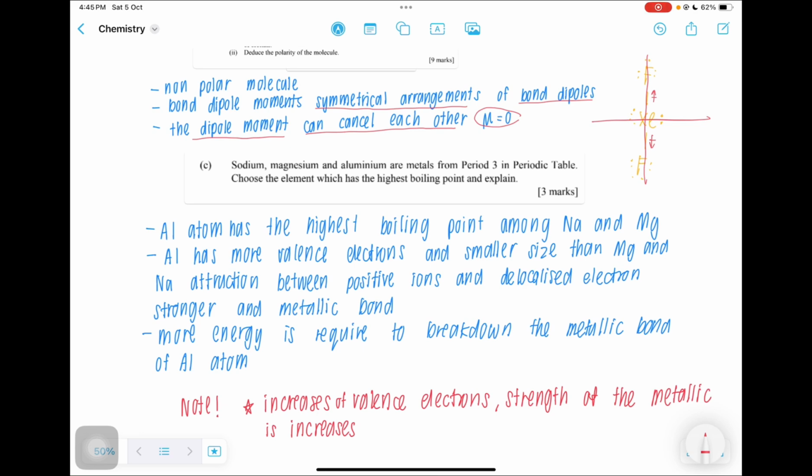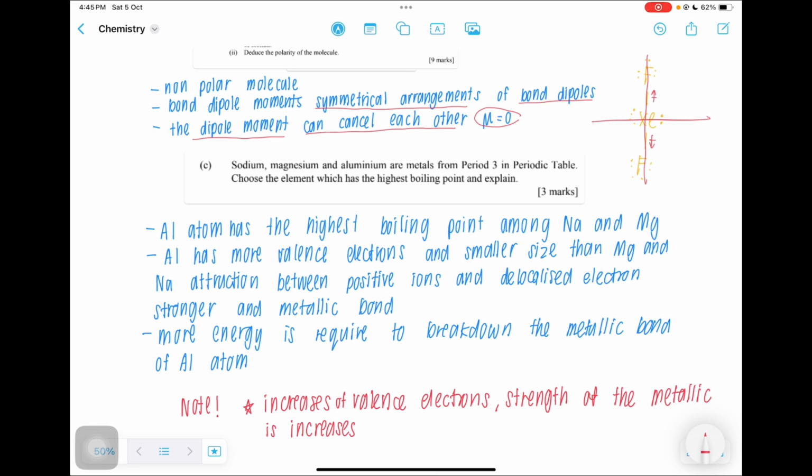So for the next question, question C, sodium, magnesium and aluminium are metals from period 3 in the periodic table. Choose the element which has the highest boiling point and explain.